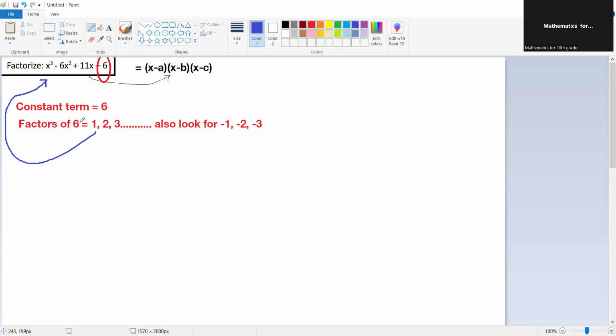So that's the trick to factorize the constant term, and then we find out a.